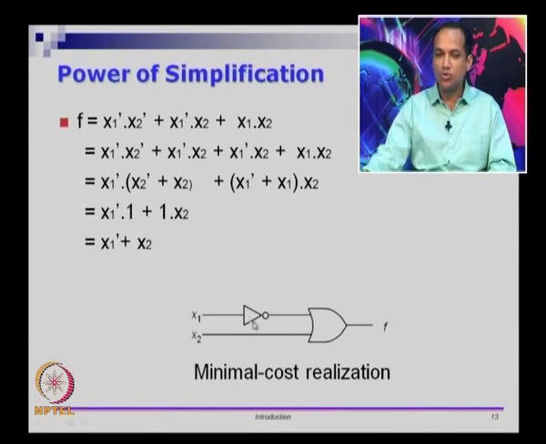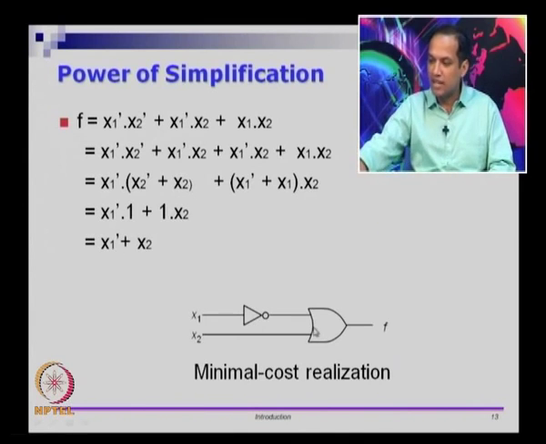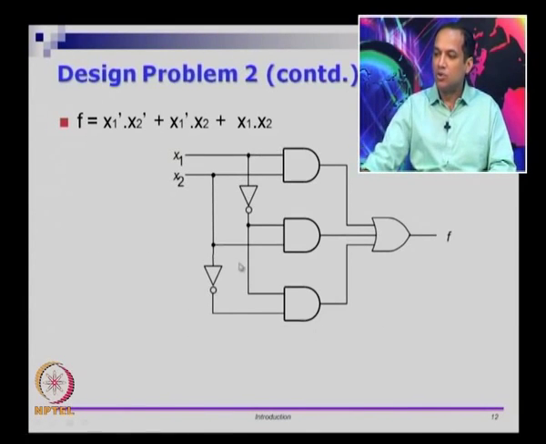So it looks like we use 1 OR gate and 1 inverter as opposed to the complicated circuit that we had earlier. So if I charge you, let us say 1 rupee for each of these gates, then you will pay me 2 rupees, one for the inverter and one for the OR gate here, whereas if you did not minimize, you have 2 inverters, 3 AND gates and 1 OR gate, you would have paid me 6 rupees for it.